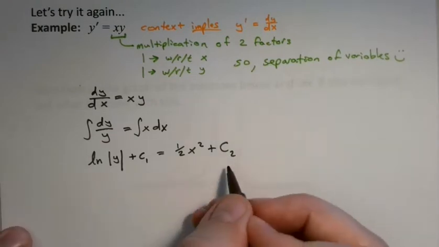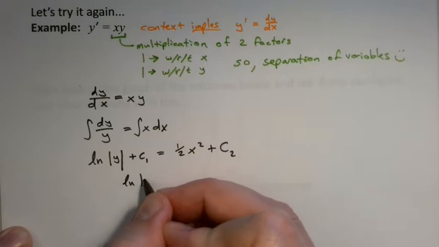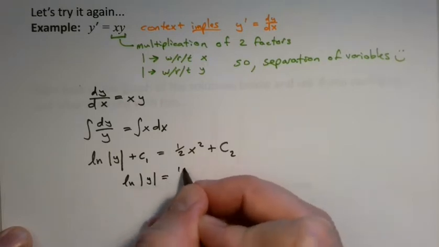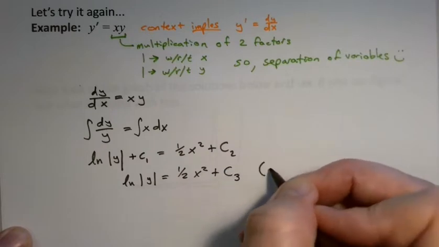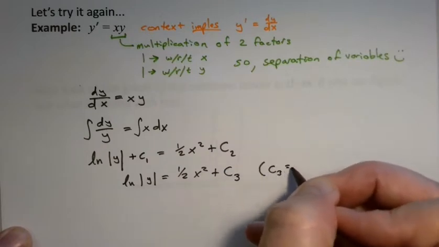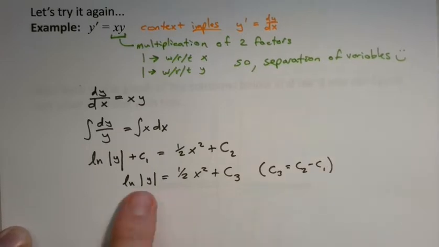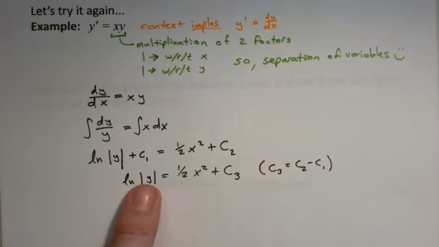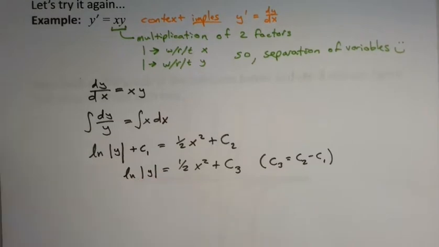So we're going to combine our constants. We're trying to solve this thing for y. We've got natural log of the absolute value of y equals 1/2 x squared plus c3. And again, I'm keeping track of my constants here. This is c2 minus c1. And now I need to figure out how to get y by itself, but it's inside of a natural log. So if you remember the techniques for being able to get something out of a log, the way you do that is you undo the logarithm.